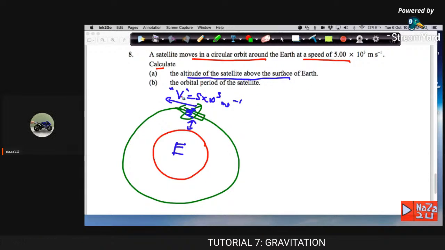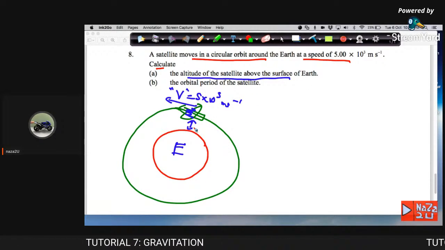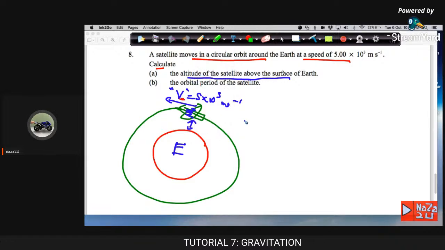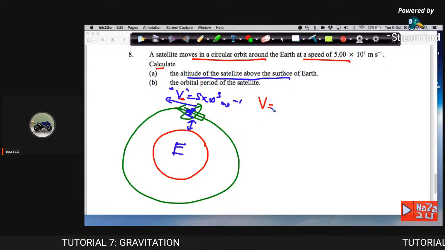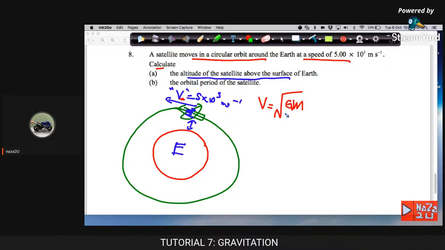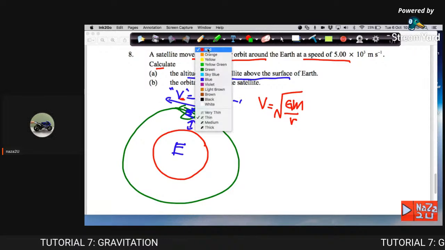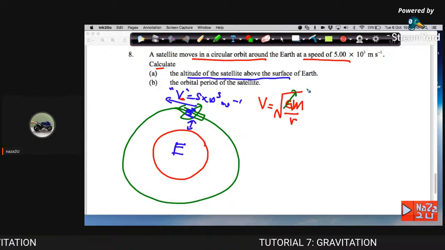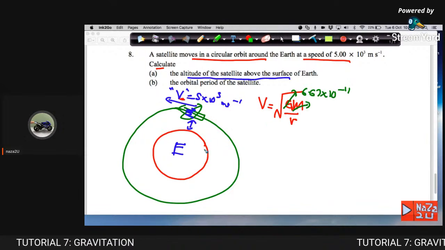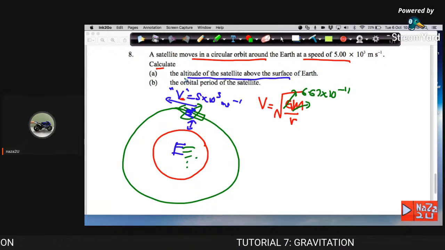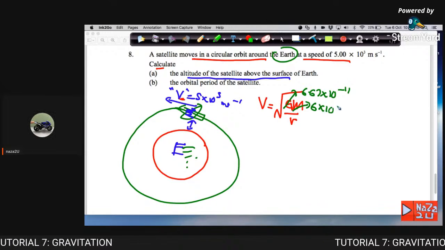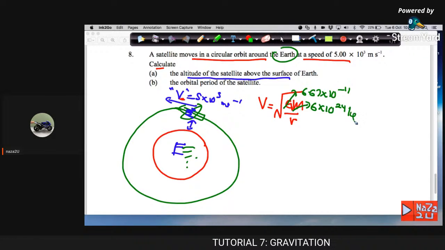So now to find the distance here, or altitude, because the question gives you the value of the orbital v. As you know, to calculate v, or the speed of the satellite, is given by the equation v is equal to square root of GM over r, right? So now here g is constant, 6.67 exponent minus 11, and the mass here is the mass of the planet, because we have Earth, the same, this is 6 exponent 24 kilogram, right?